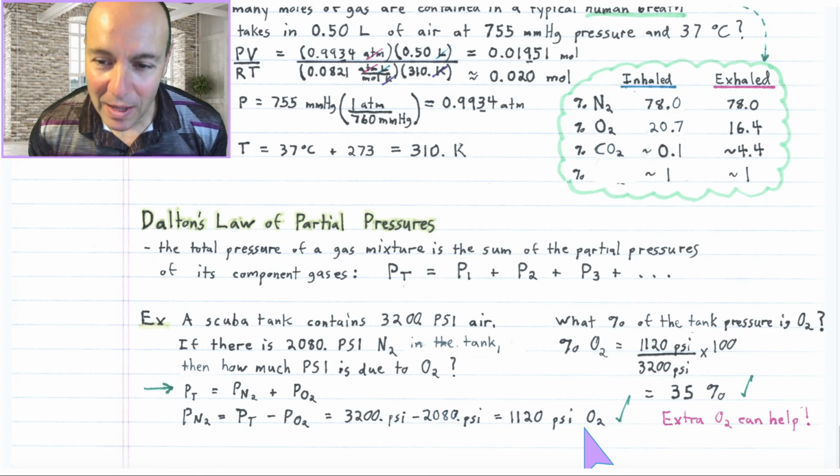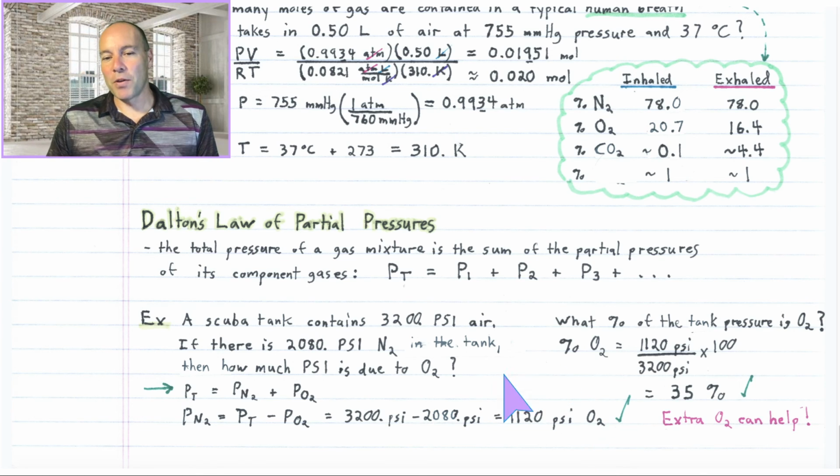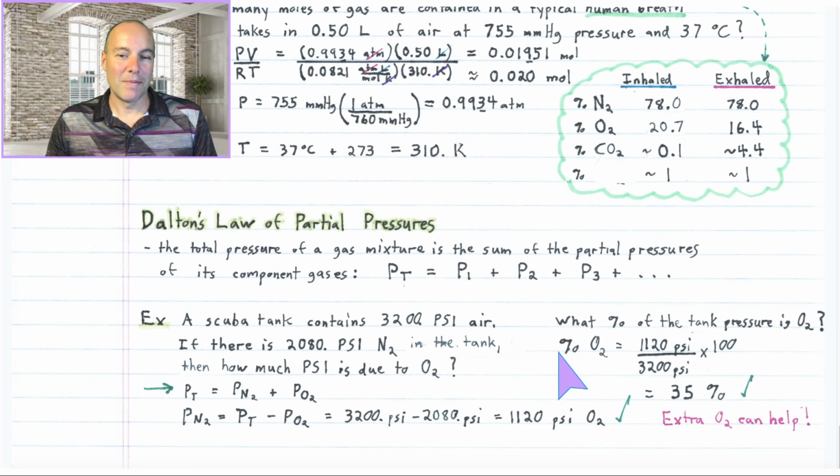Now that we know the partial pressures, we can ask a little bonus question. What percentage of the tank pressure is due to oxygen? The percentage would simply be its pressure divided by the total pressure times 100.